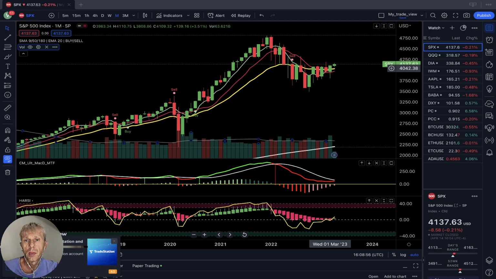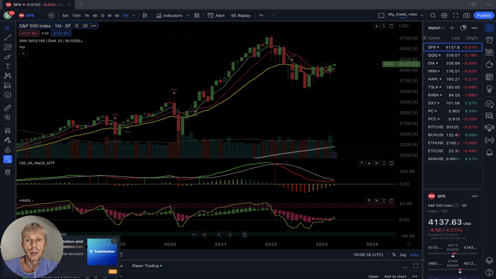March was lower; now we are above the March level, but still below the high in February. Our high in February was about 4,200. We'll see. Monthly time frame is still kind of mixed mode, but it's positive.